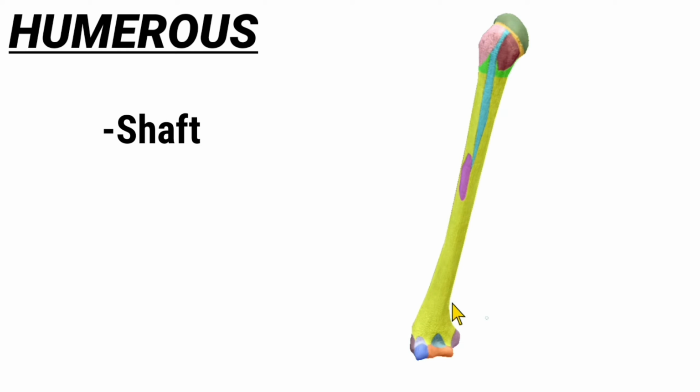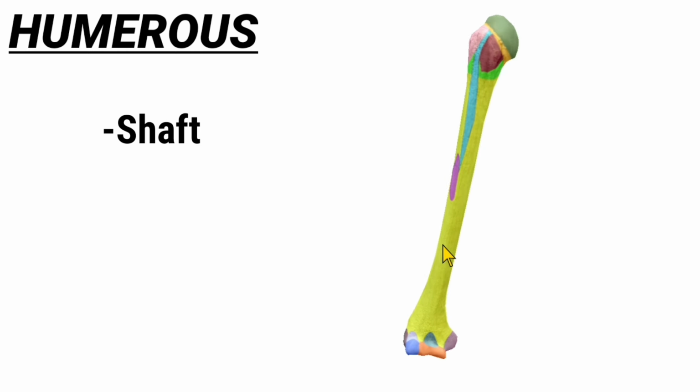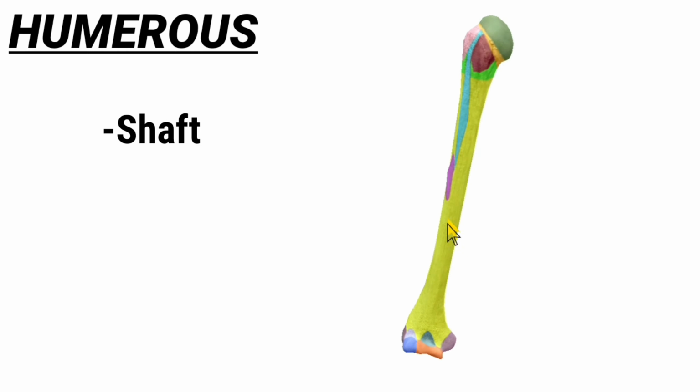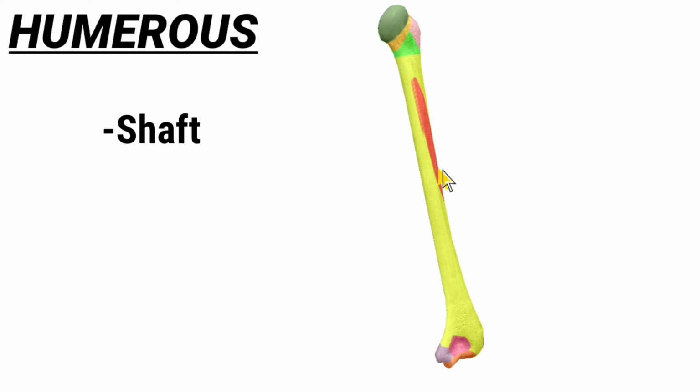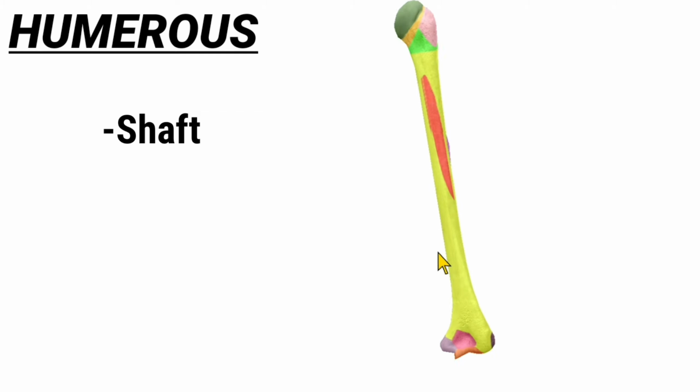And about the surfaces, 3 surfaces are there. Between the anterior border and lateral border is the anterolateral surface, and between the medial and anterior border is the anteromedial surface, and posteriorly there is the posterior surface.